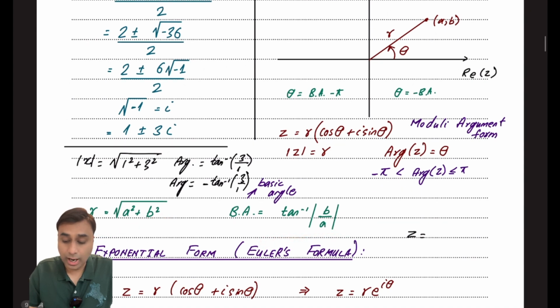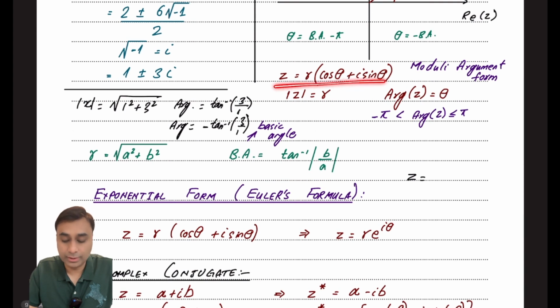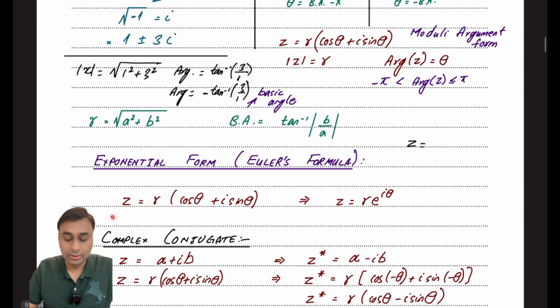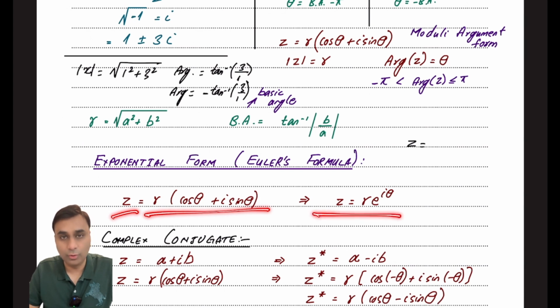After expressing any complex number, you can use Euler's formula to write it down in the exponential form as well. So if you have z equals r cos theta plus iota sine theta, you can directly write it in the exponential form using Euler's formula, which is r e power iota theta.